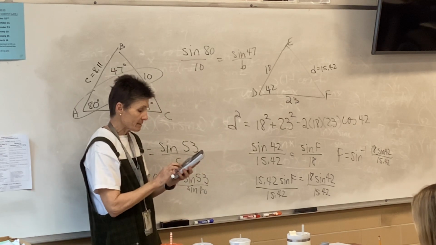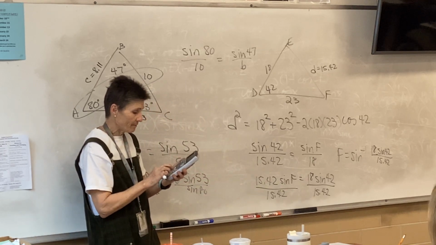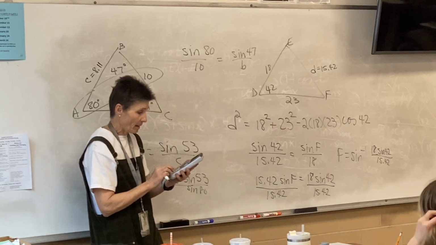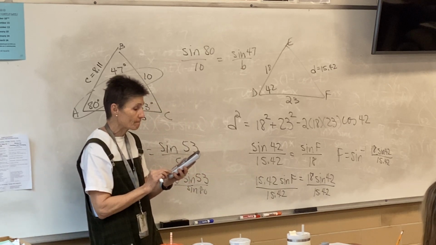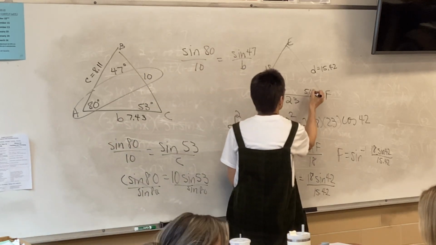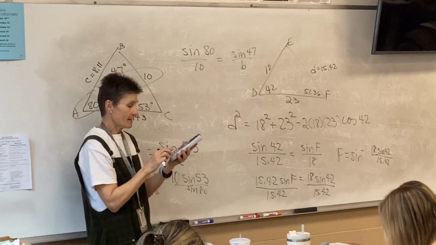So second sine, 18 sine 42, close parentheses, divided by 15.42. I got 51.36. Anybody else get that?